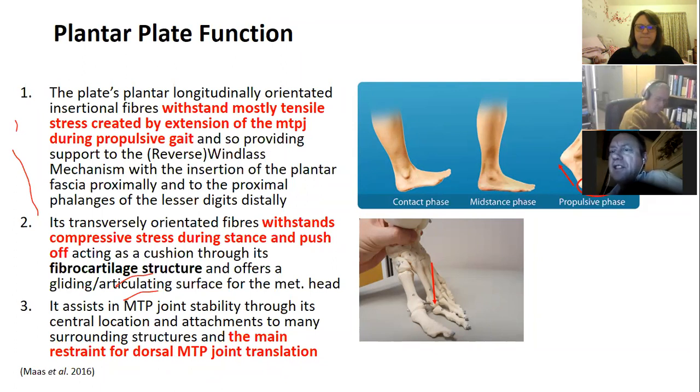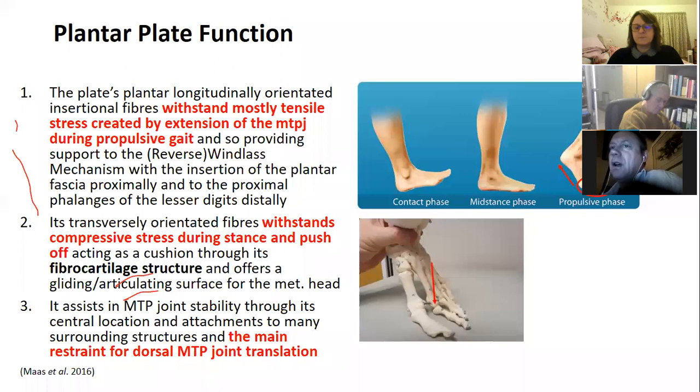So you can see from that skeleton, I'm tipping up the skeleton of the foot there, and the little red arrow pressing down, those compressional forces, your body weight coming through your metatarsal heads into the ground are absorbed, resisted, cushioned by the plantar plate and the fat pad beneath it. But principally, the met head rests on that plantar plate, pushing into it with all your body weight as you push off. And so those transverse fibers, okay, they resist and cushion that compressive stress.